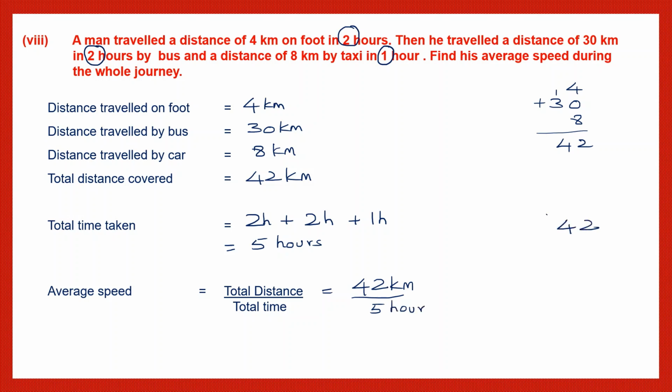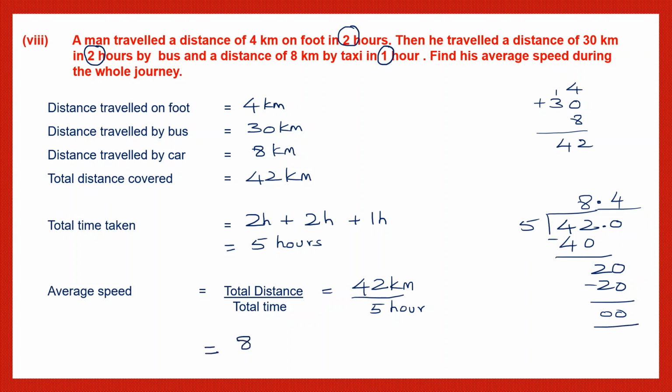Let's divide that. 5 eights are 40, minus, we have 2. We can continue with our division. I can put a 0, bring that 0 down, and put the decimal point up. 5 fours are 20. Finish my division there. So the average speed is 8.4.